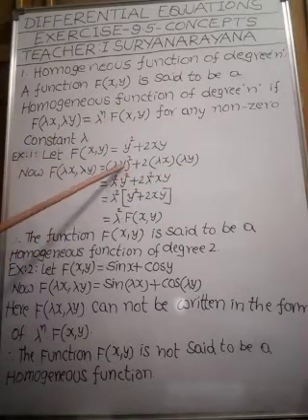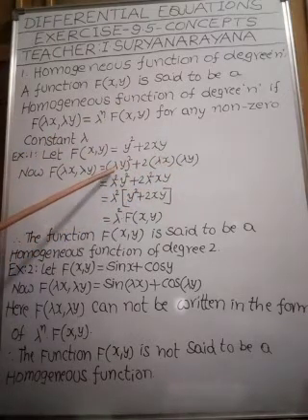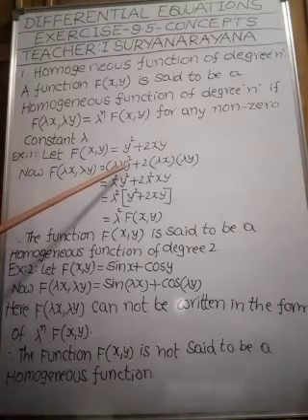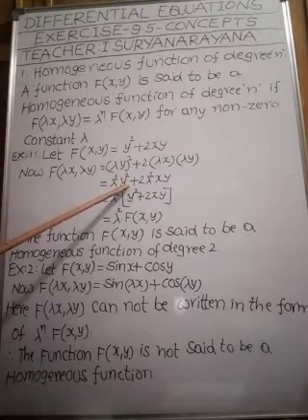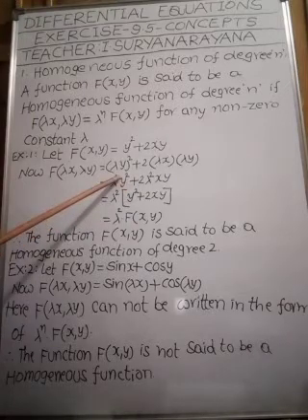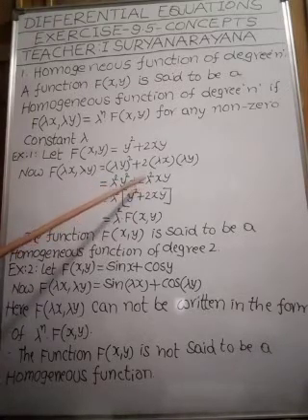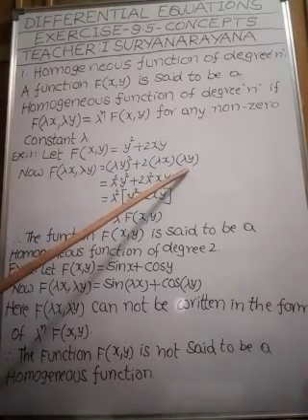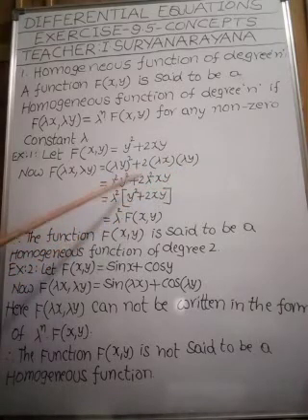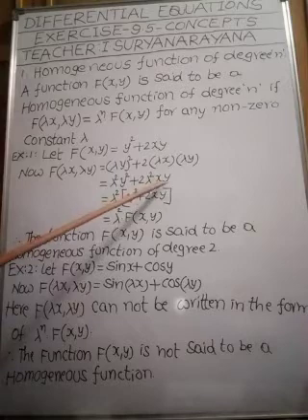Right. Now let us simplify the terms. Lambda y whole square, by simplifying, gives lambda square y square. Plus, by simplifying the second term, we get 2 lambda square xy.